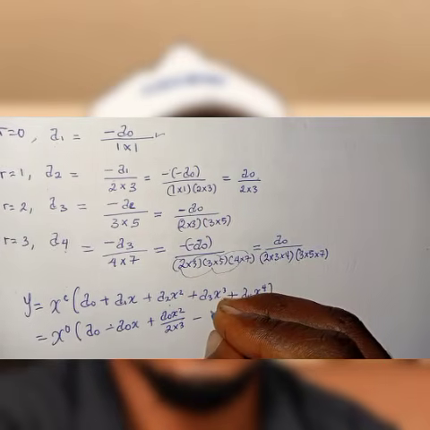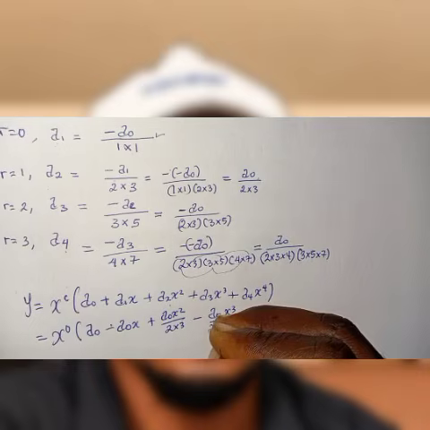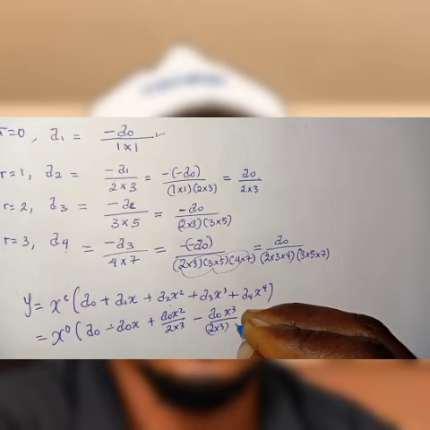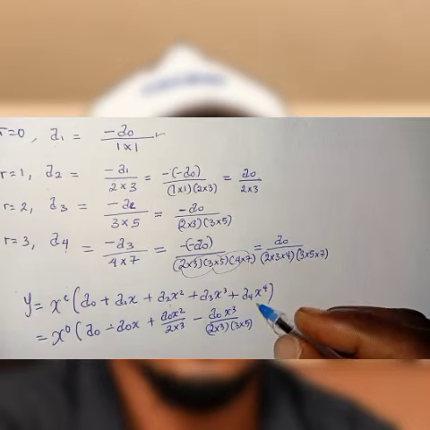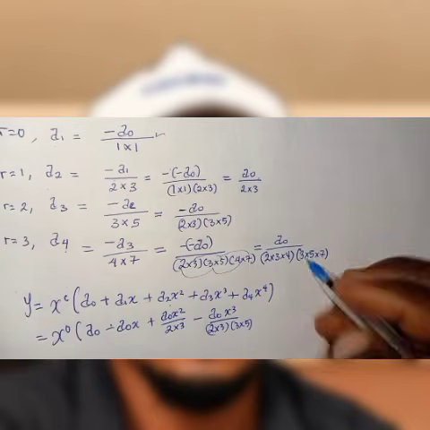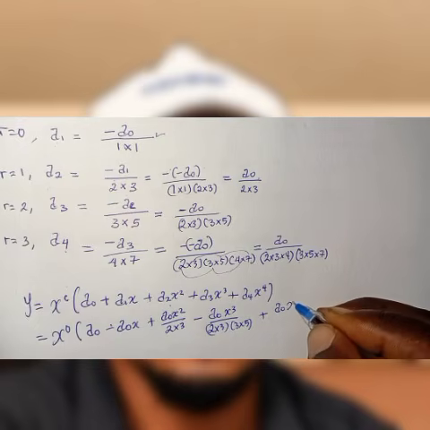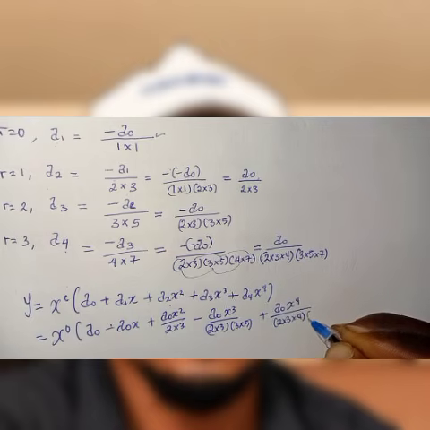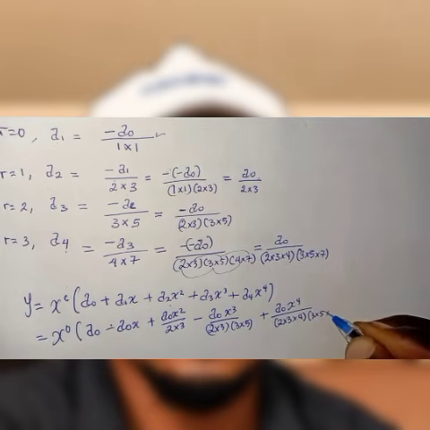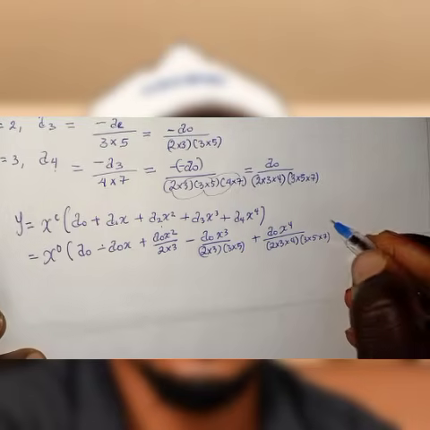So you have minus a naught x raised to the power 3 over 2 times 3, 3 times 5. Now what is a4? This is a4, plus a naught x raised to the power 4 over 2 times 3 times 4, 3 times 5 times 7. So we close the bracket.